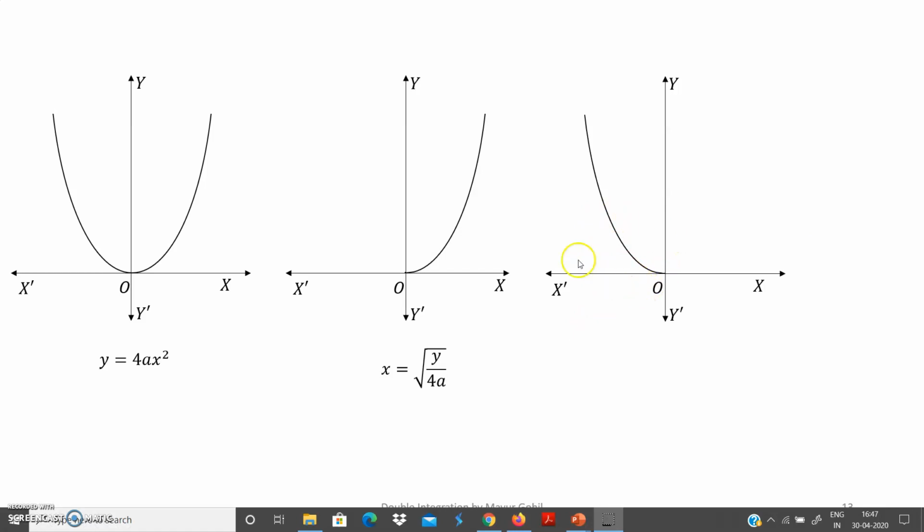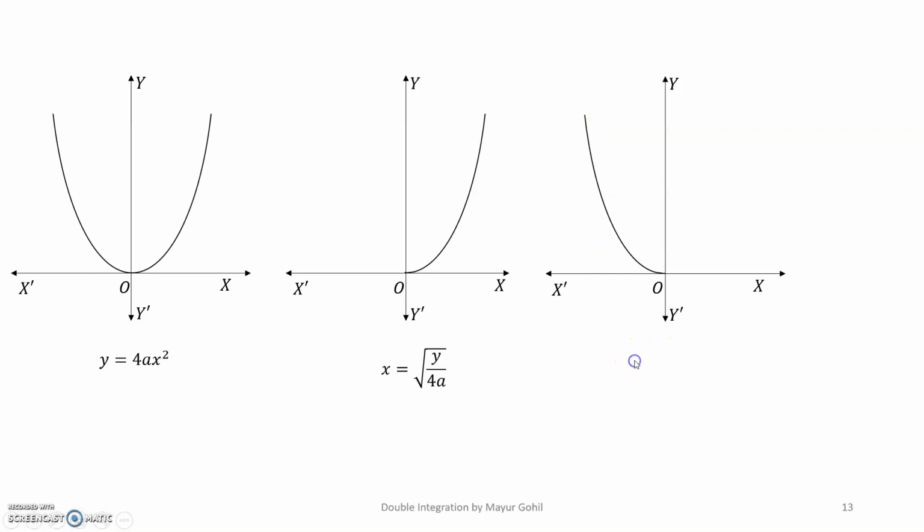Now, what about the second parabola? Over here, in the second part of the parabola, you can observe that x is negative and y is positive. The parabola is lying in the second quadrant. So what is going to be the equation? It's obviously x equals minus the square root of y upon 4a. All right.